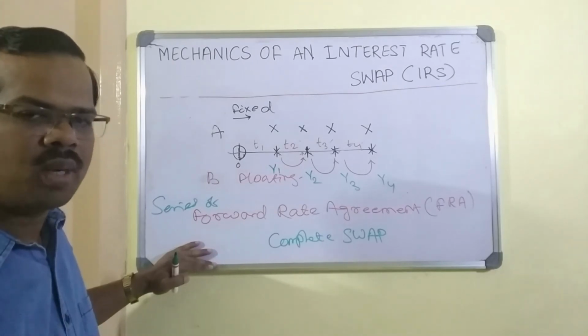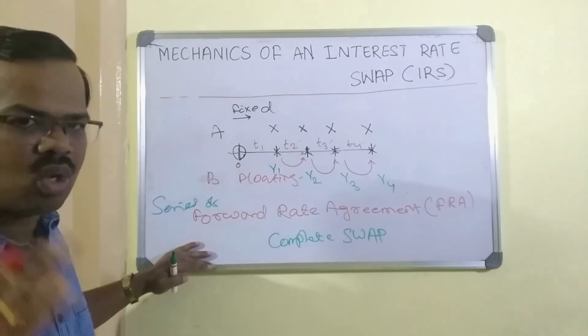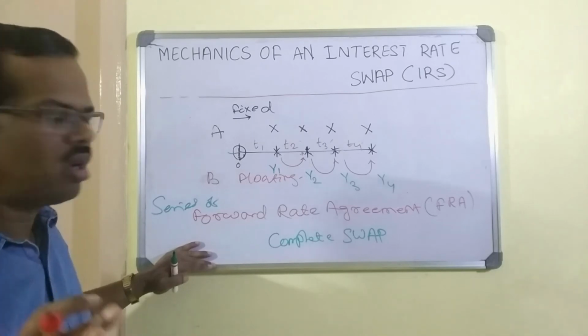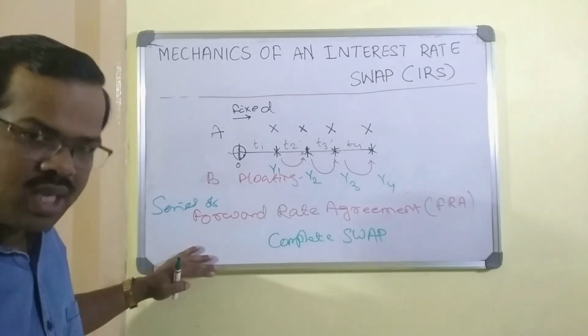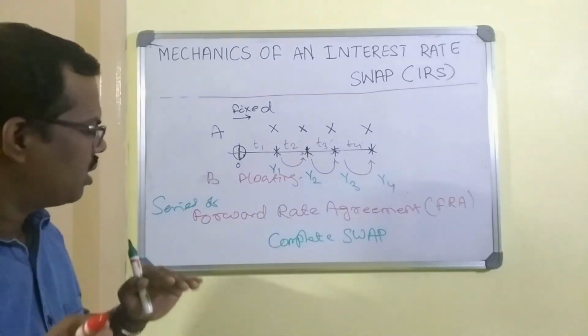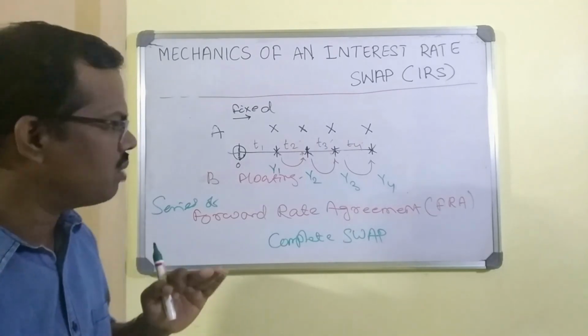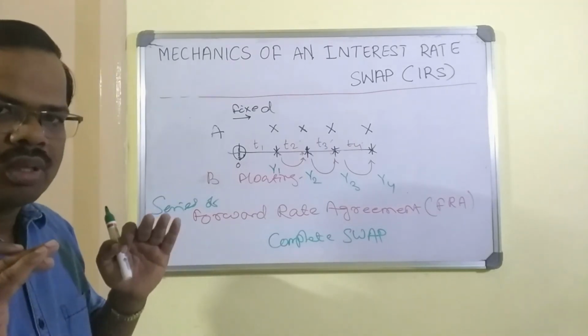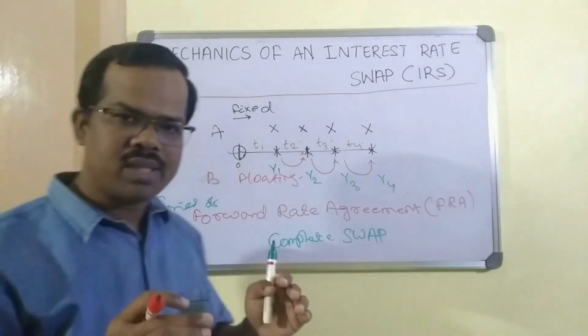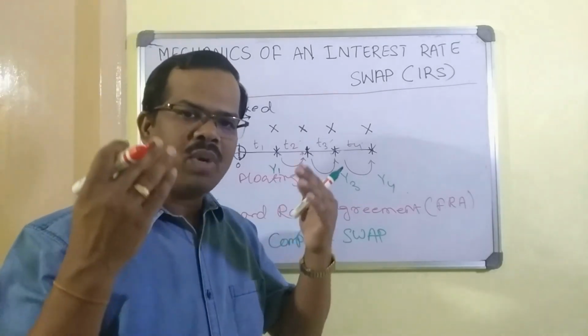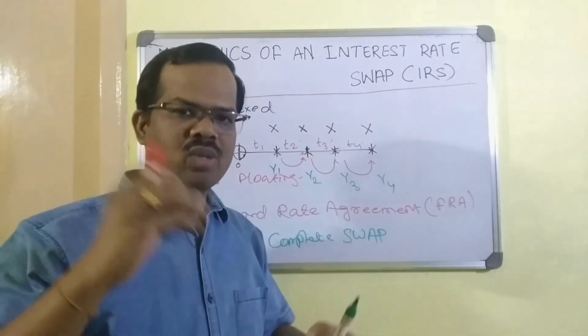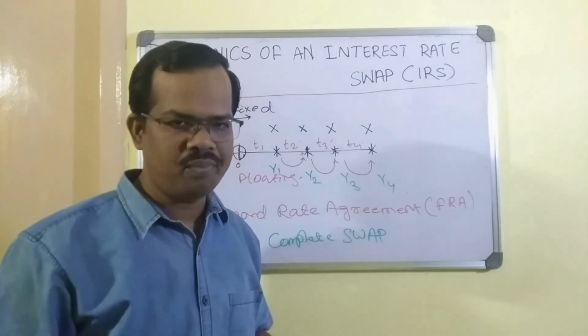If you do not know, please mention in the comment box and I will also try to create a video on forward rate agreement. For this session, the simple definition for forward rate agreement is that you are determining today the interest rate which will be applicable in the future.